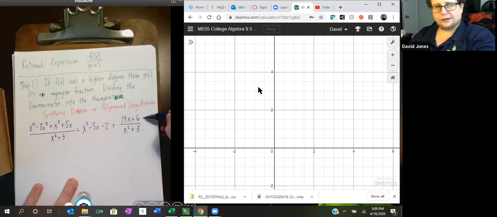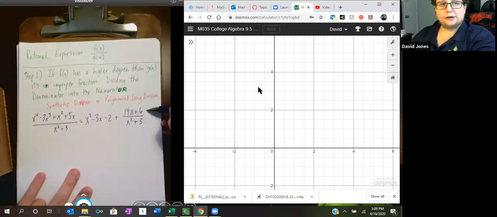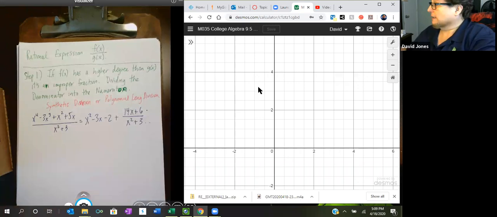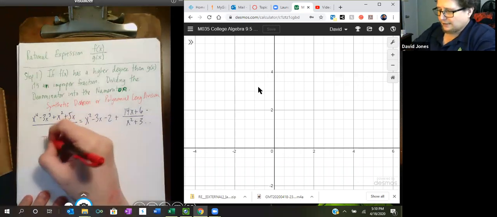Now the remainder has a degree where the numerator is smaller than the denominator. So step 1, that's only if it's improper. This step is often unnecessary.